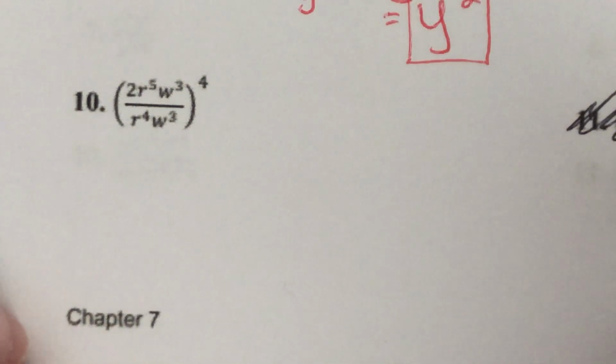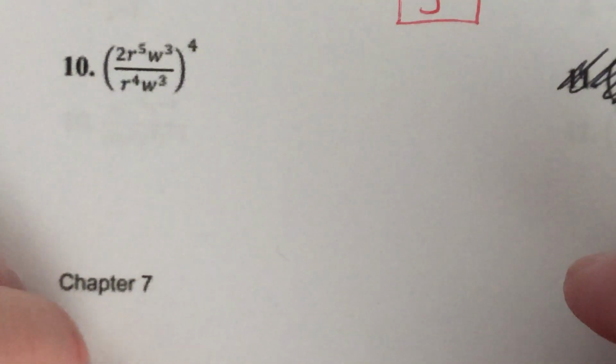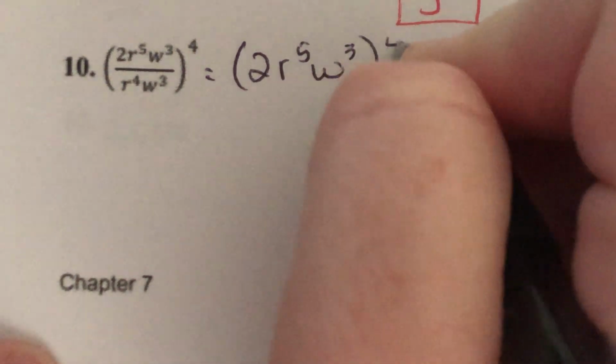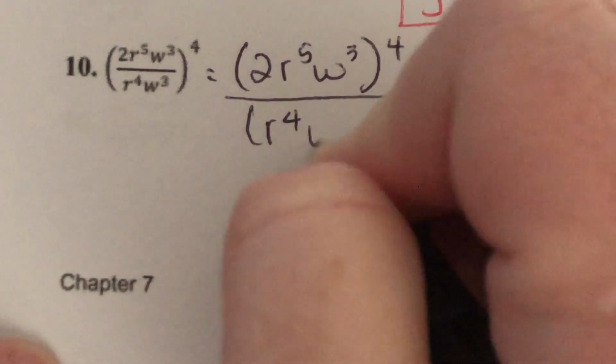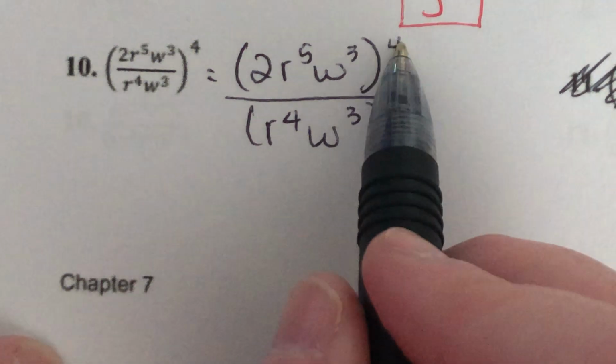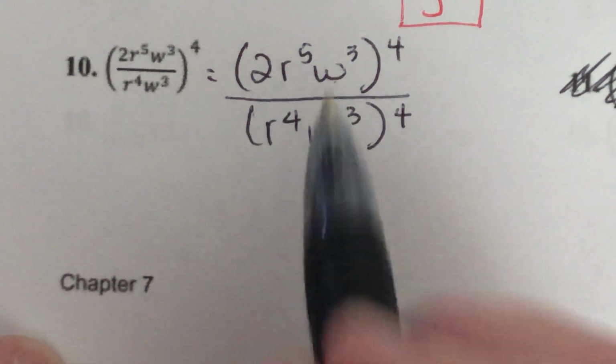Okay, and let's do one more, number 10 here. I've got some room, so I'll try and solve it all on this paper. First thing I want to do is distribute this 4 to the top and to the bottom. So I'm going to write the top 2r to the 5th, w to the 3rd, all to the 4th, over r to the 4th, w to the 3rd, all to the 4th. And then I can distribute that 4 to each factor.